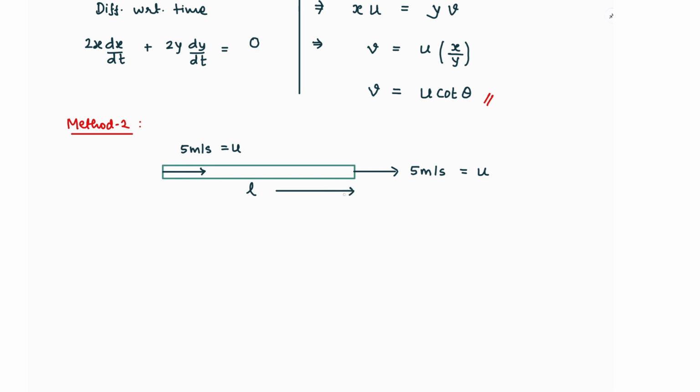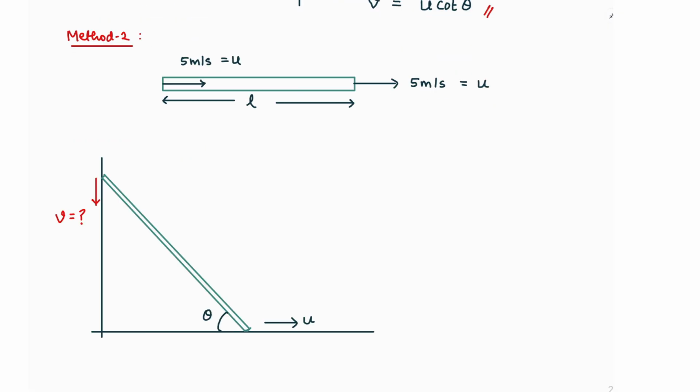If the front part of the rod is moving faster and the rear part slower, then the rod will grow in size. Or if the rear part is moving faster and the front part slower, then the rod will become shorter with time. Since that is not the case, the component of velocity along the length of the rod must be constant. This is the logic we use in method 2.